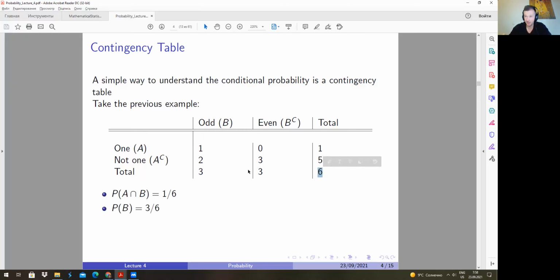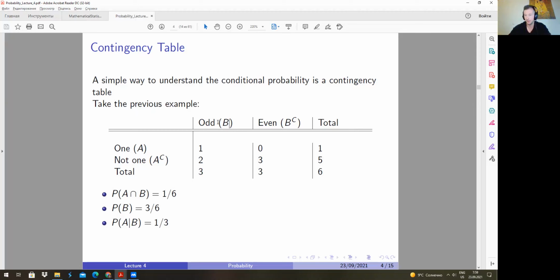What is the probability of one given B? Look, now the total is different. When we are speaking about conditional probability, I'm not taking the total of all events, but I'm taking the subtotal of this particular column. I know that it is an odd number, so this second column is not valid, so I don't need this second column.